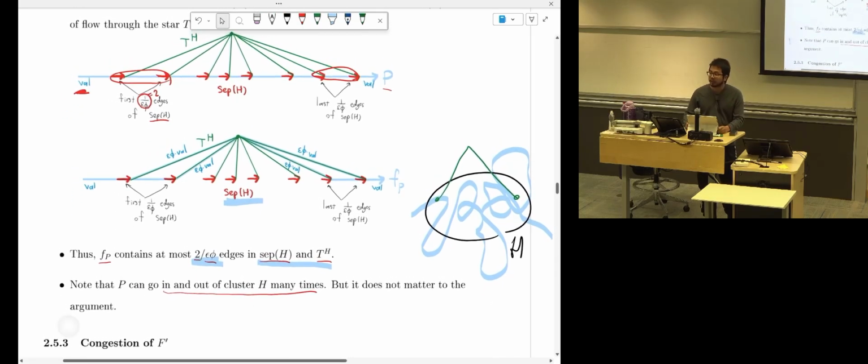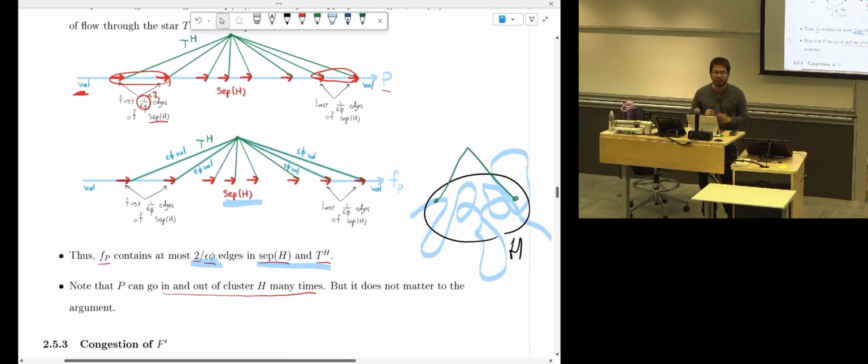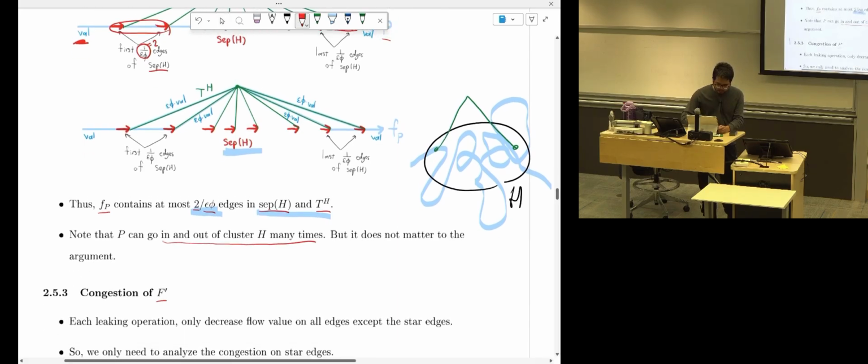So that's the construction of fp. Now we just need to analyze it. First, let's talk about the congestion. That's the easy part.